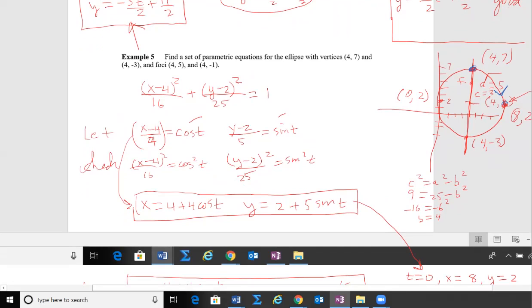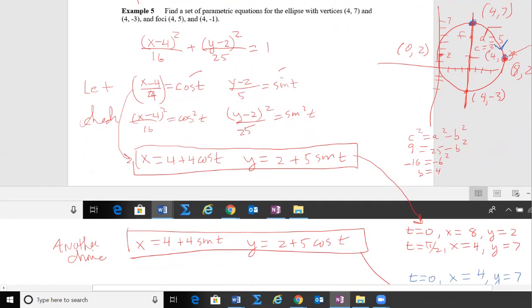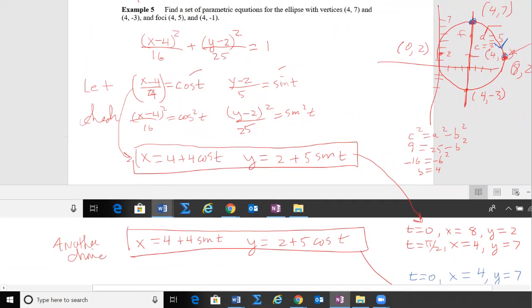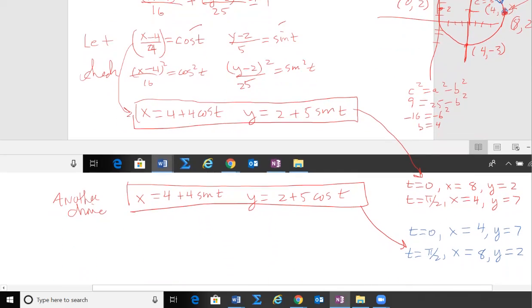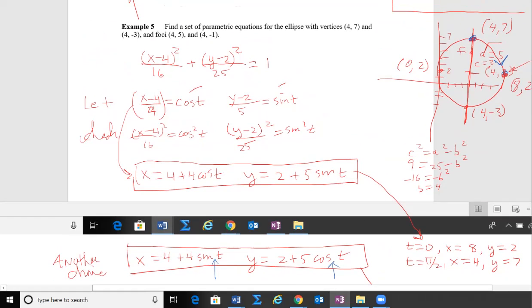So if you're going to do a simulation of motion, you'd want to keep track of that. What happens along the way? Where does a point start? Where does an object start? Where does it finish? We can also mess around with how fast it goes around this circle or this ellipse by changing the period of our functions in here. We can dictate how fast it'll traverse this entire path, the entire curve.